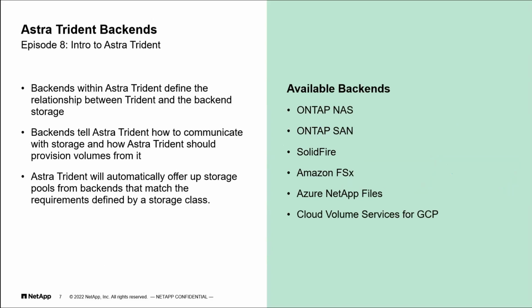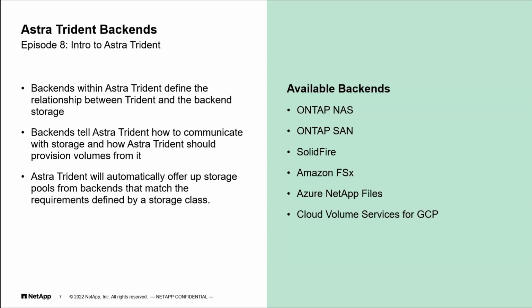The first thing we need to know about Astra Trident is the backend that it uses. The backend for Astra Trident defines the relationship between Trident and the NetApp storage that you're going to be using it with. There are things in the backend like usernames and passwords on how to connect to NetApp storage, as well as some other options depending on what type of storage you're using.